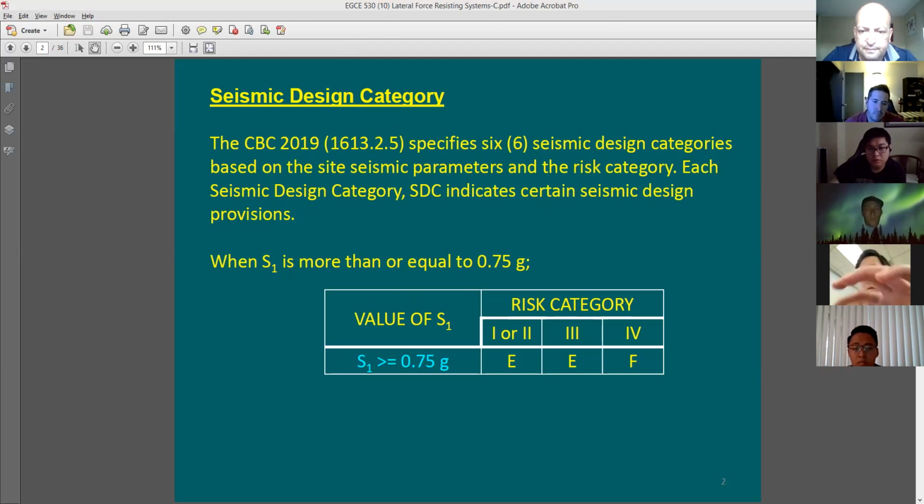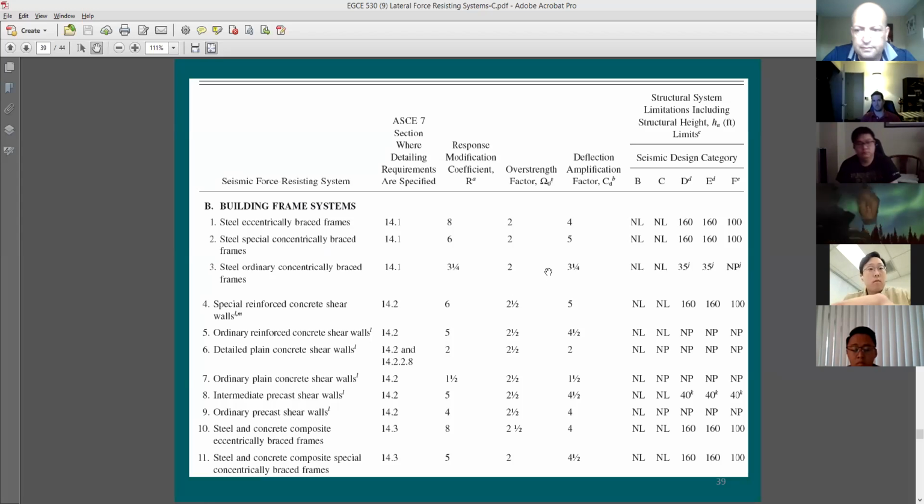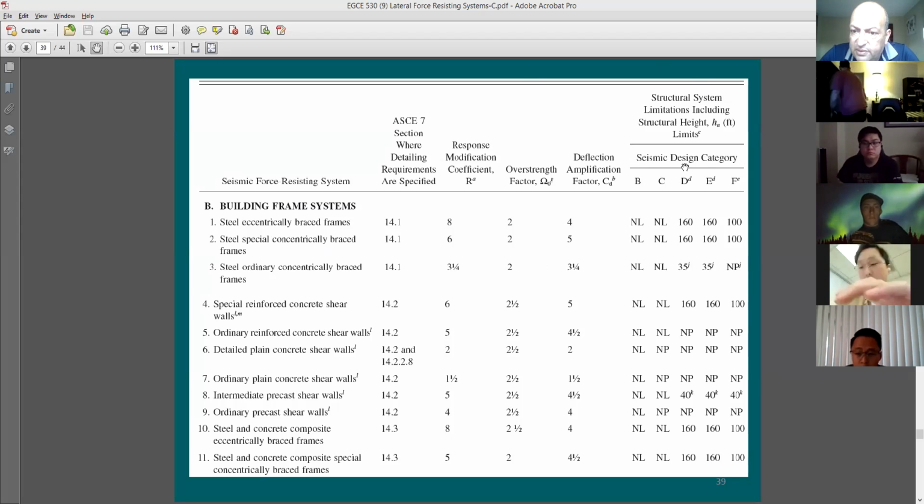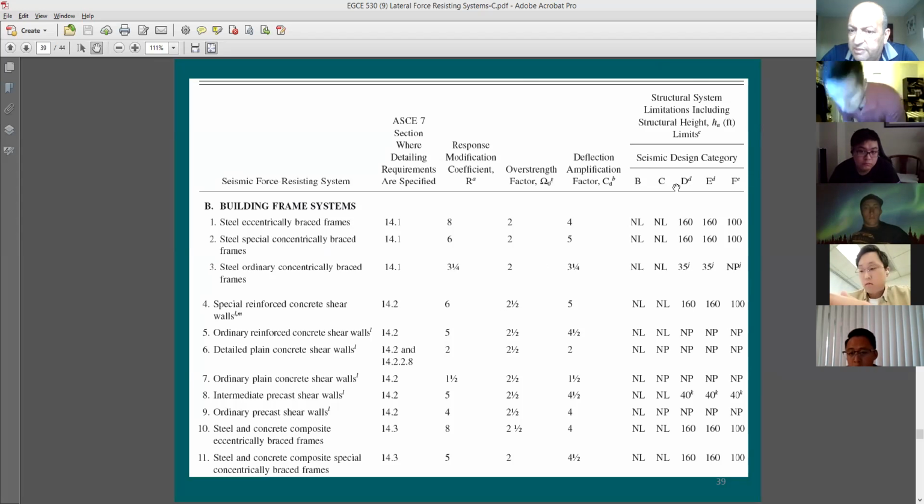Okay. Now it should show 9, right? So as you see here, the seismic design category is really important, because the height limitation is based on it. So I really need to know the seismic design category.